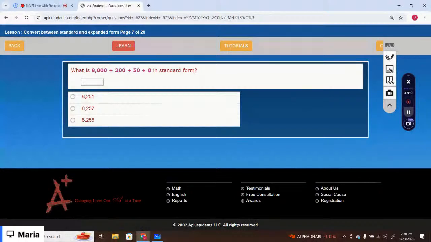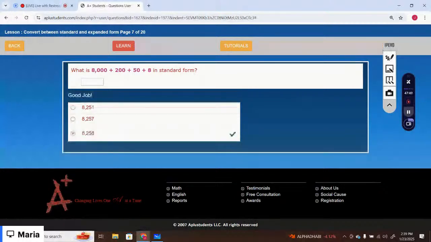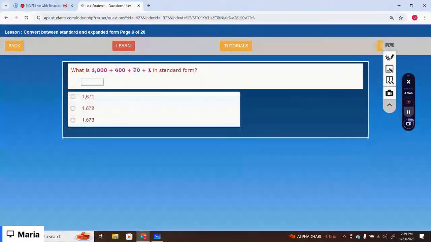What is 8,000 plus 200 plus 50 plus 8? So, which is the correct option? That is option number 3, the correct option. 8,258 it is.